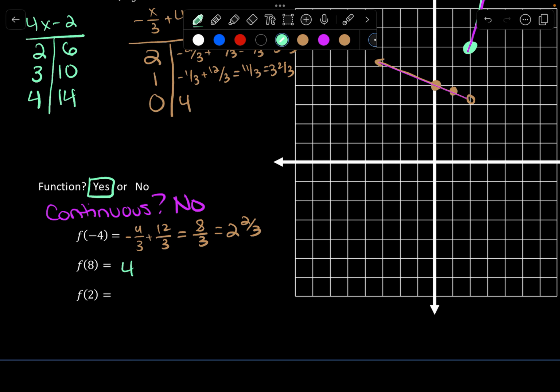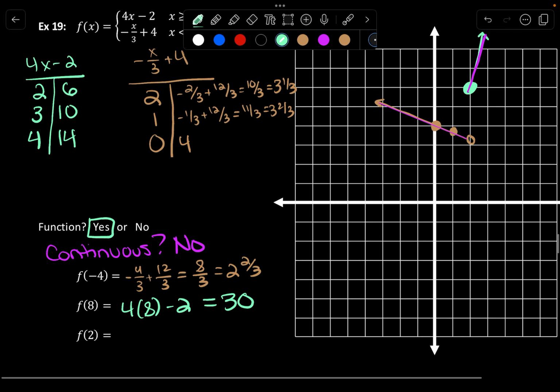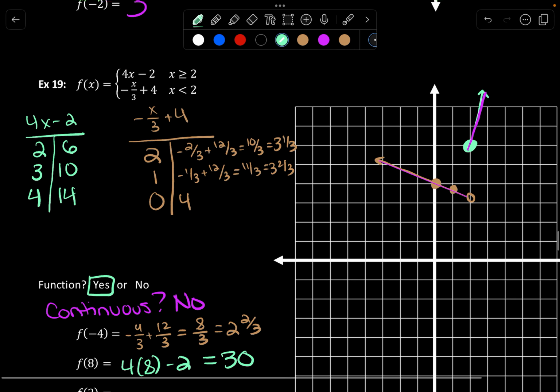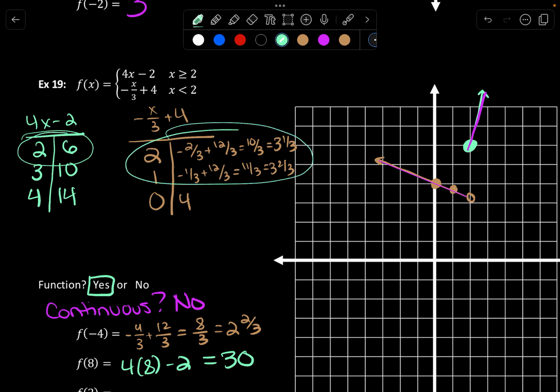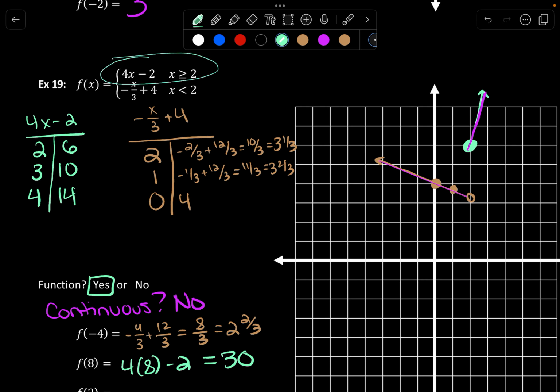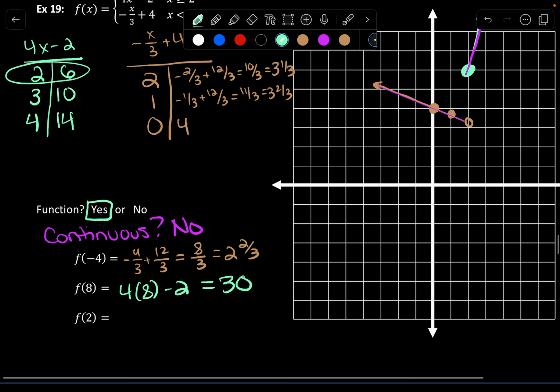So we'll have 4 times 8 minus 2, which is equal to 30. And then for 2, I have 2 in both of my tables, but specifically the 4x minus 2 is where x is actually equal to 2, so I'm going to use this value. So when you plug in 2, we get 6.